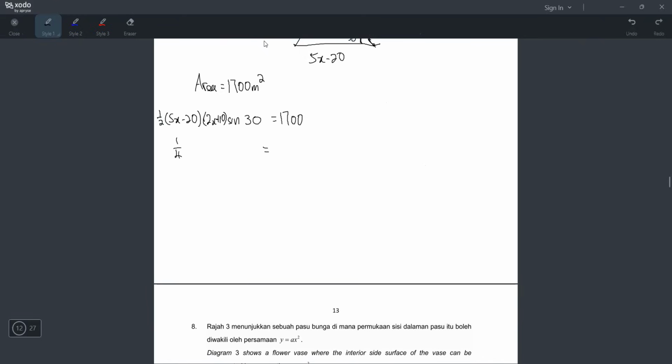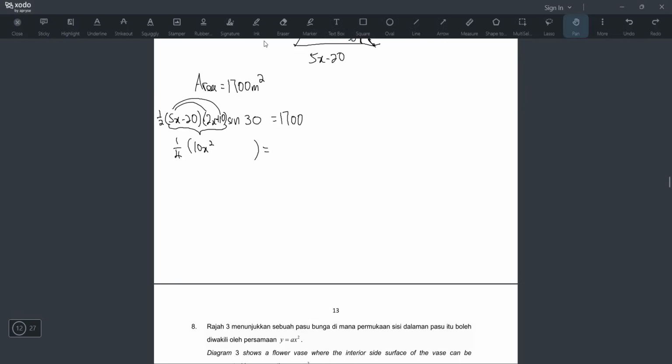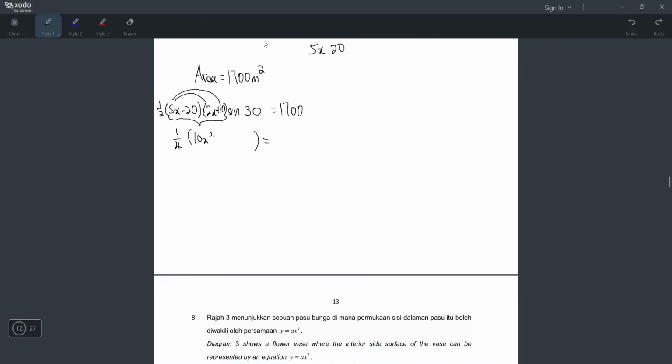1/4. And then the 1/4 here, this one will become a bracket, and then I will expand this, right? So sine 30 is 1/2, 1/2 is 1/4, and then this one I'll expand. So 5x times 2x, 10x squared. 5x times positive, is this positive or negative? Positive. So it's plus.